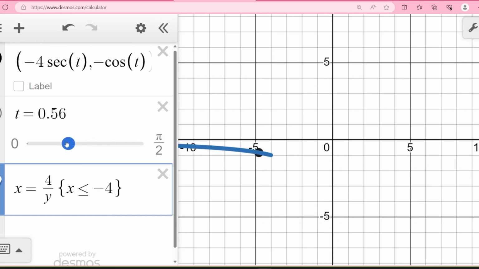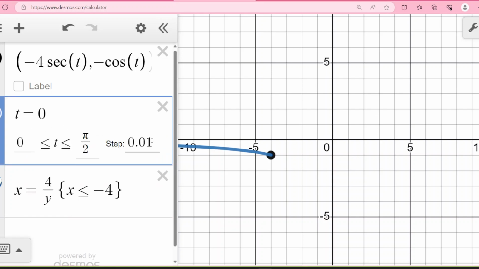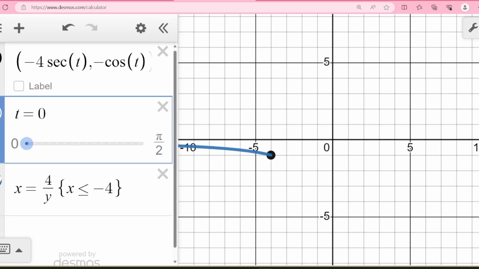So if I go back again, right, you can see our point here moving. I'm actually going to change this to 0.1 instead of 0.01, so it moves a little faster. Play this, and you can see this black point moving along this curve this way, toward the left, like the arrow was.